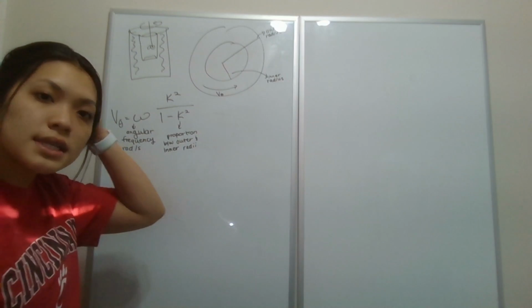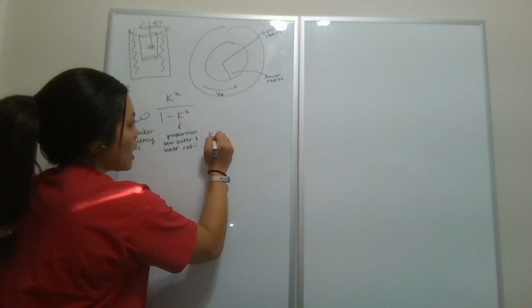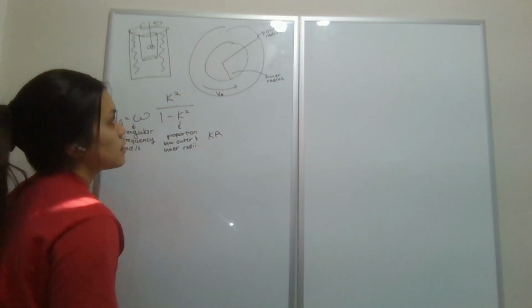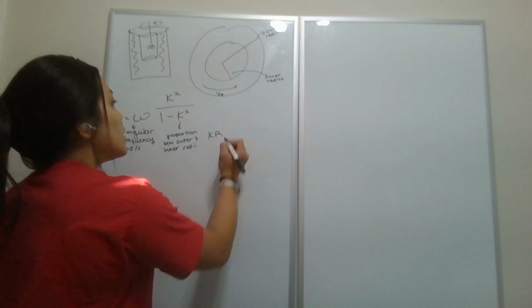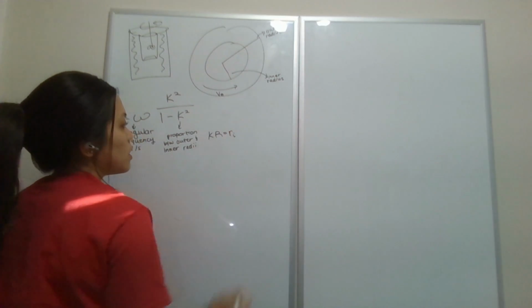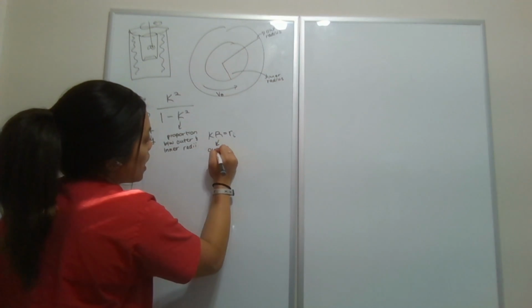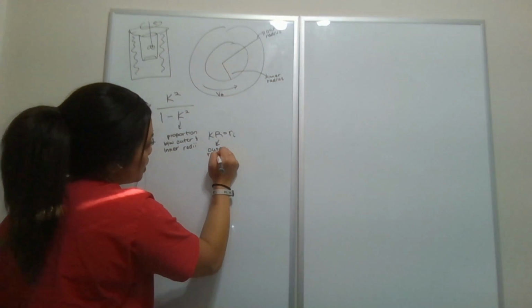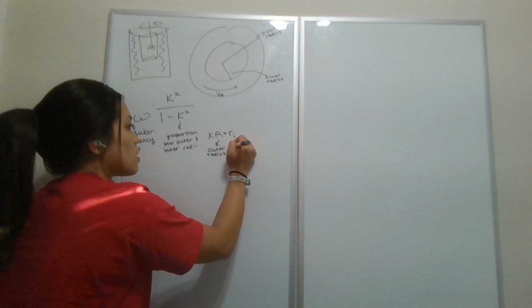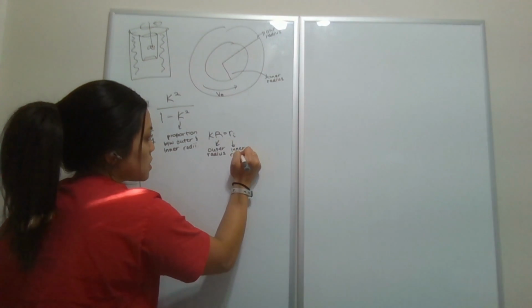And so basically what this k tells us is that if we have k multiplied by capital R, that is going to equal the inner radius. So this capital R here is the outer radius, and this lowercase r subscript i is the inner radius.